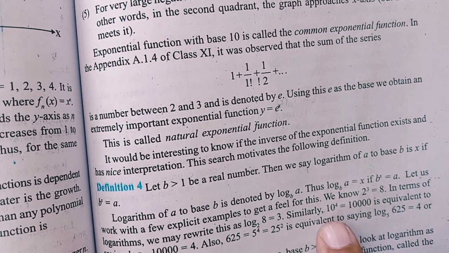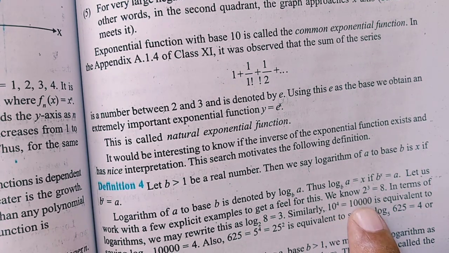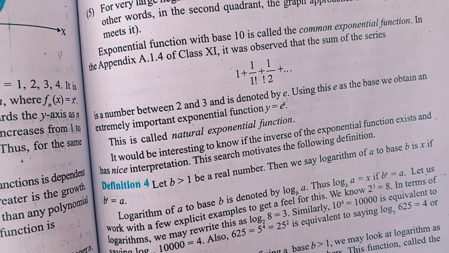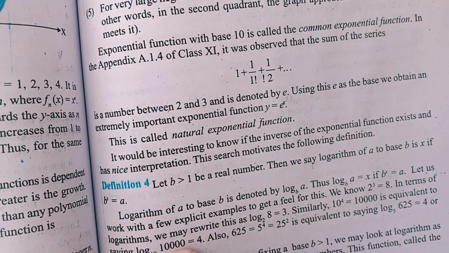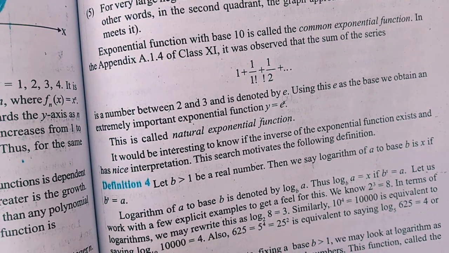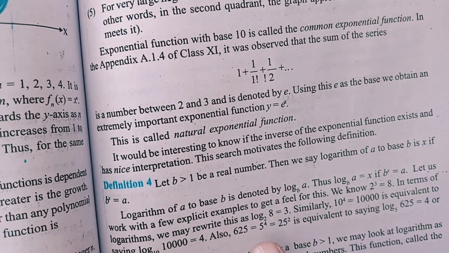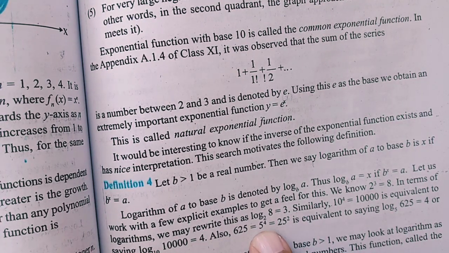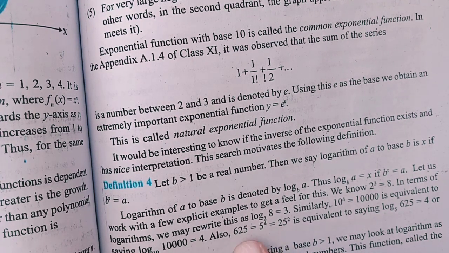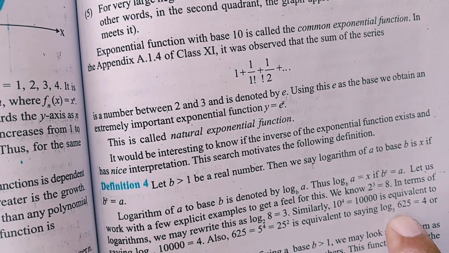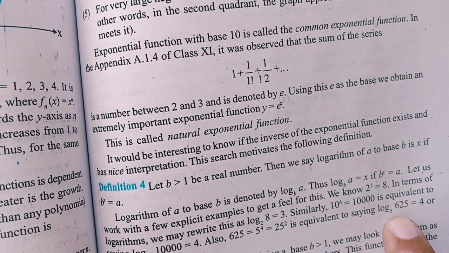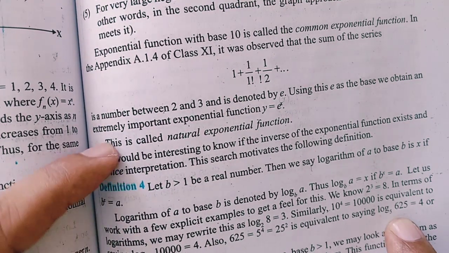Then 10 raised to 4 equals 10,000, so we can write 4 equals log 10,000 to the base 10. And 5 raised to 4 equals 625, so we can write 4 equals log 625 to the base 5. Like this we can write.